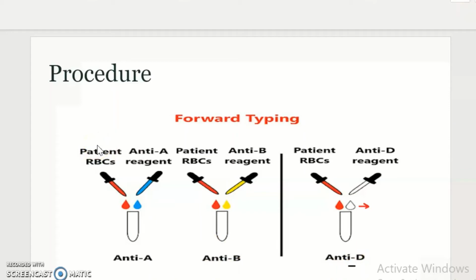Then prepare a 5% cell suspension of patient RBCs and add 1 drop of patient RBCs in these 3 tubes, and add 1 drop of anti-A reagent in the anti-A tube, anti-B reagent in the anti-B tube and anti-D reagent in the anti-D tube.